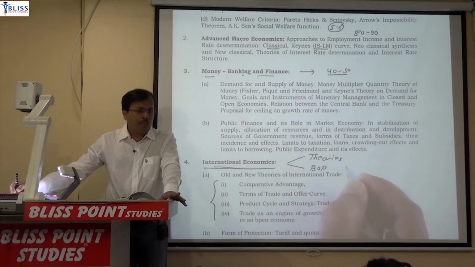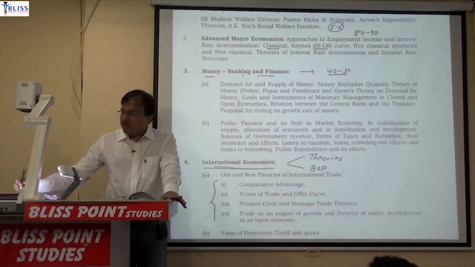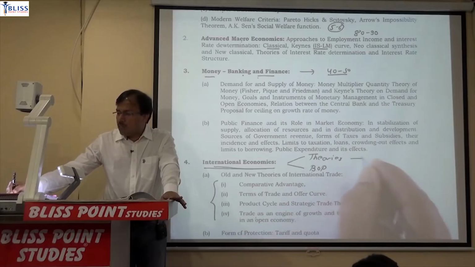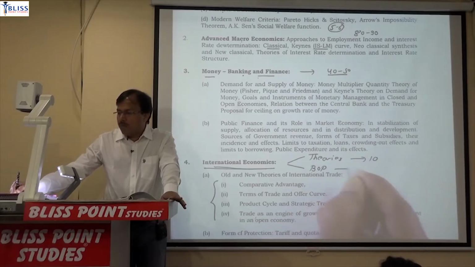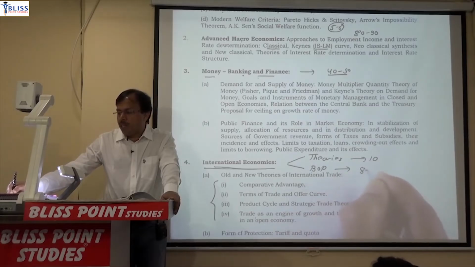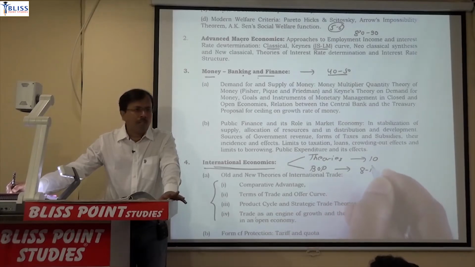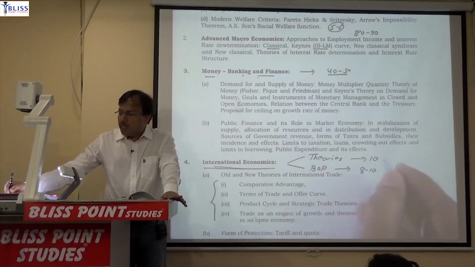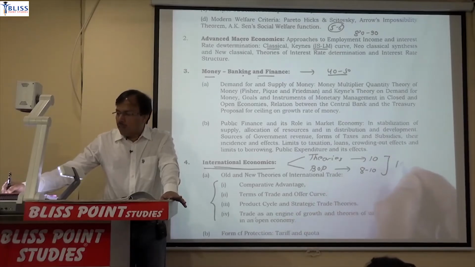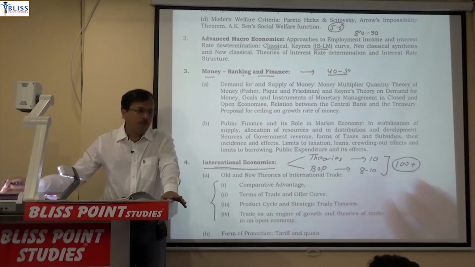For the first part it will take around 10 odd classes, and balance of payment also around 8 to 10 classes. So the weightage for international is more. As far as questions are concerned, there will be 100 plus marks of questions from international economics.